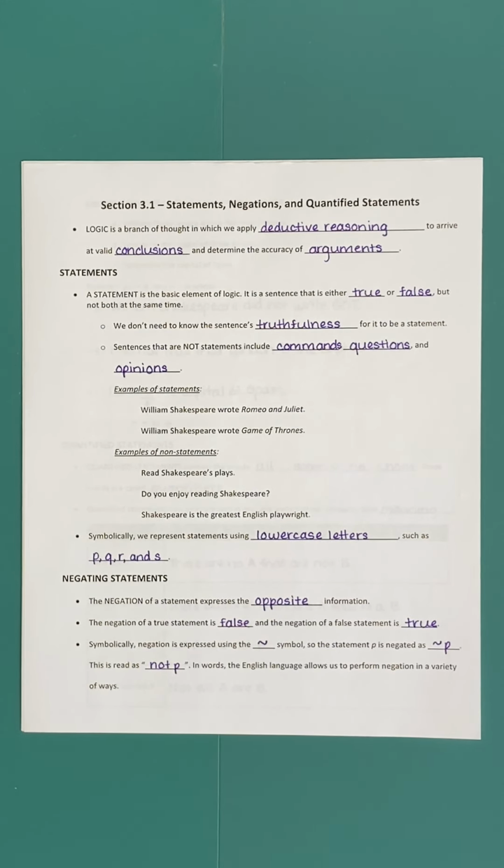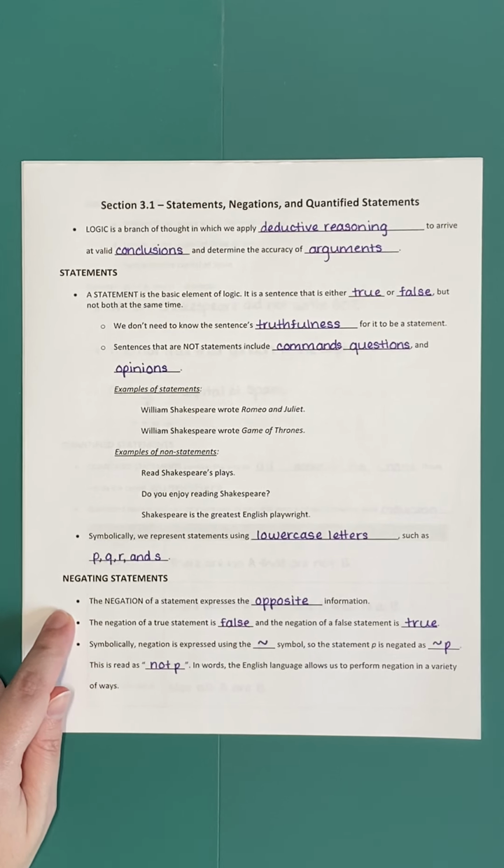If we have an idea that's either true or false, but not both, then we can also negate the statement. So the negation of a statement expresses the opposite information. So it's going to give you a new statement, but it's a new statement that communicates the opposite idea. Essentially, you can imagine introducing the word not into your sentence, and that would create what we can think of as the negation of your statement.